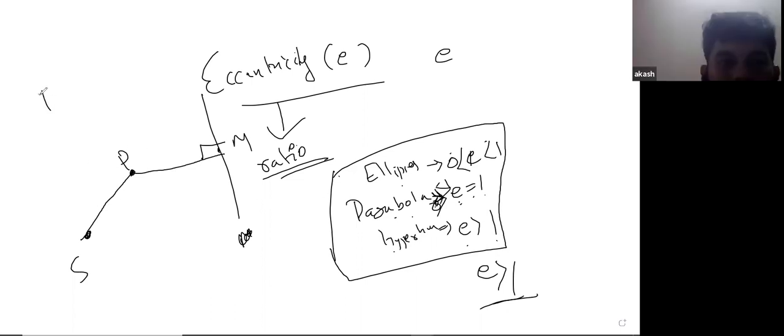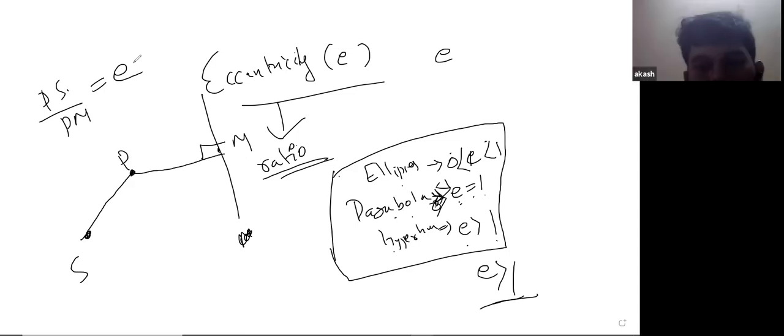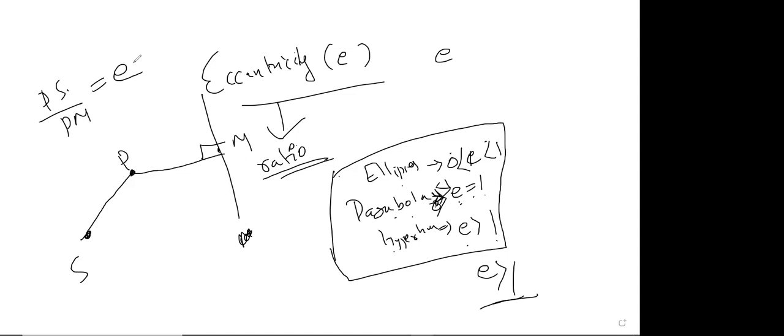If I figure out PS upon PM, the ratio between PS and PM, this is called eccentricity.